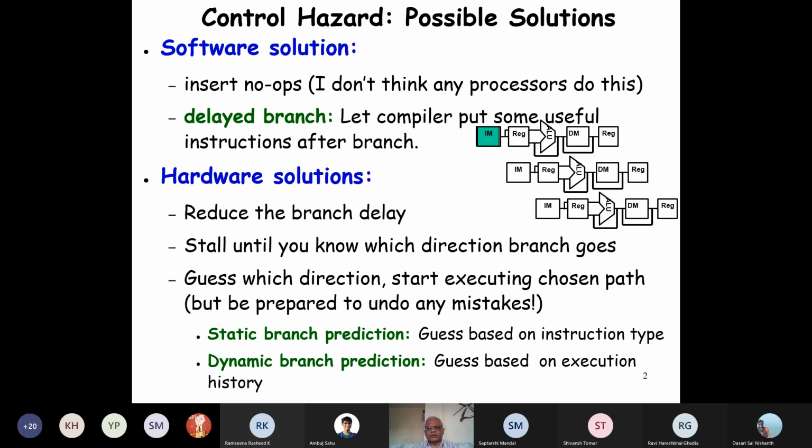So that is one thing we need to remember: even in the prediction based approach, if the pipeline is very long, we have to be extra careful. If by chance the prediction is wrong, we need to undo all the instructions that got executed by mistake. For that, they should not have updated any register or memory. Otherwise it would not be possible to undo.